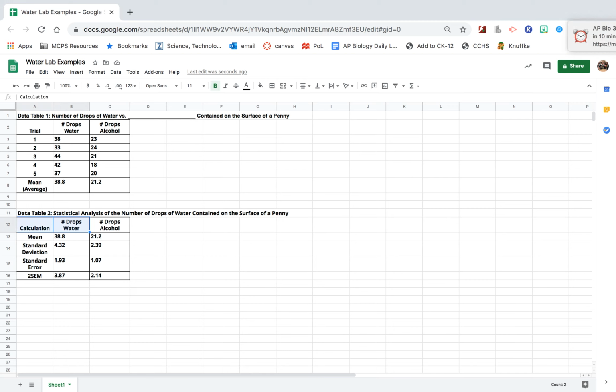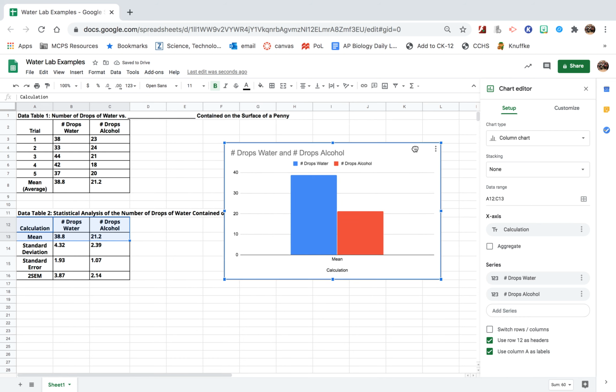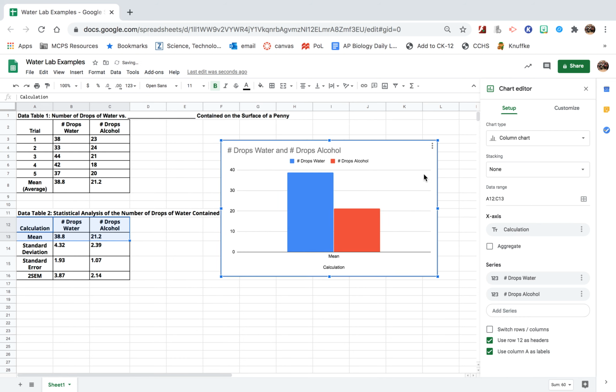Okay, so what? So those are the values that I'm going to use for my error bars. Okay, so I highlight the data, I'm graphing the averages, I'm clicking Insert Chart. There's my drops of water in blue, there's my drops of alcohol in red.